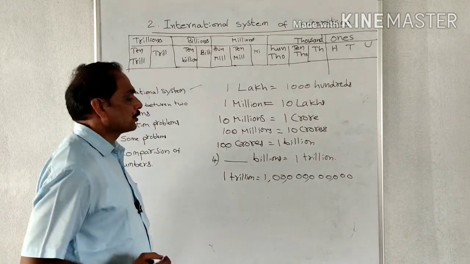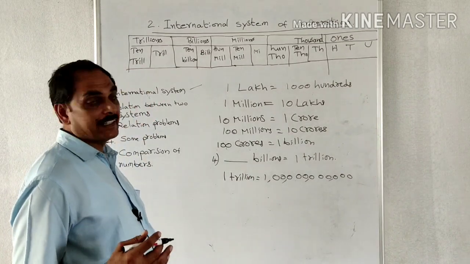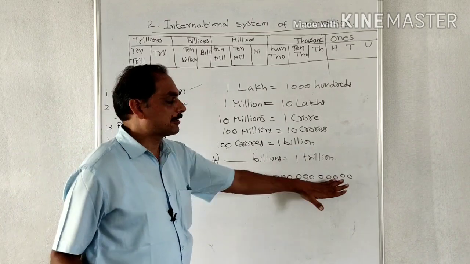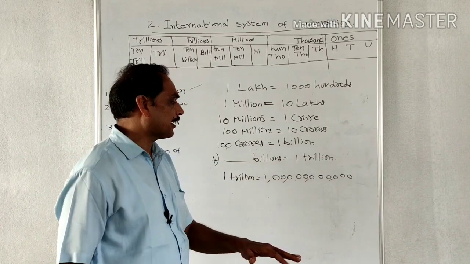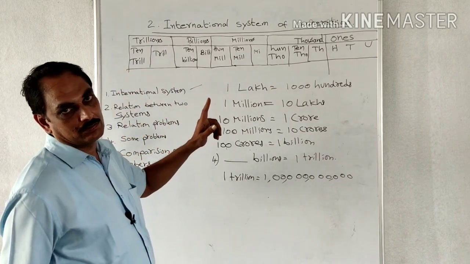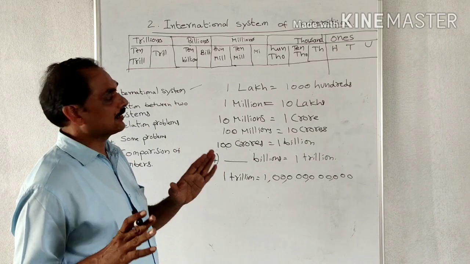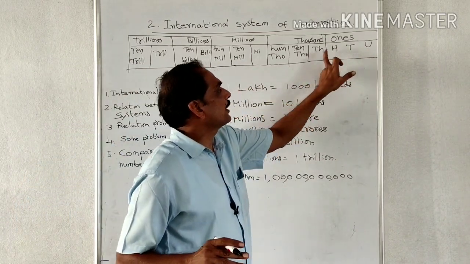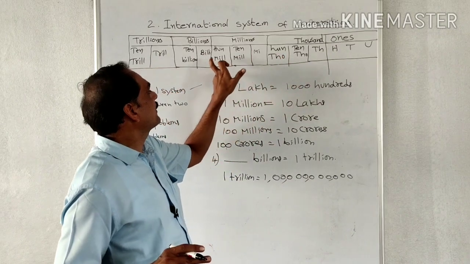Now we have to find the number of billions in 1 trillion. So already we wrote 1 trillion equal to. Next we have to find the number of billions. First we check the number of digits in a billion, counting 1, 2, 3, 4, 5, 6, 7, 8, 9, 10.